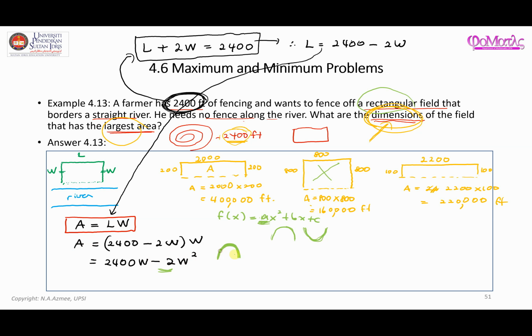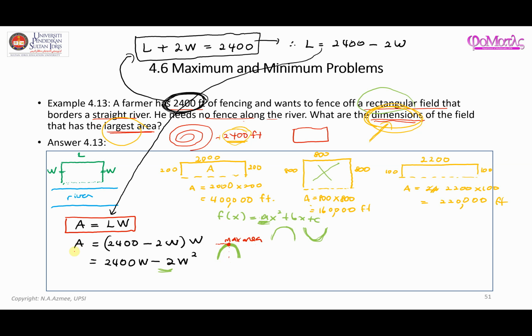It looks like this, and clearly you can see that there will be one point here that gives a maximum area, because this is the area function. And how do we get that?